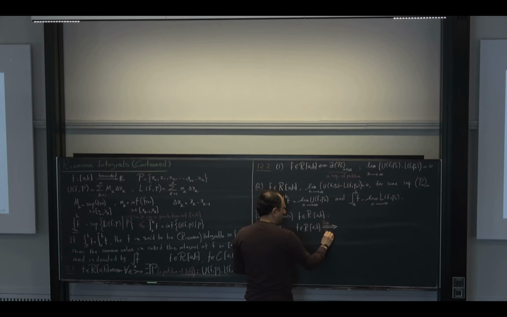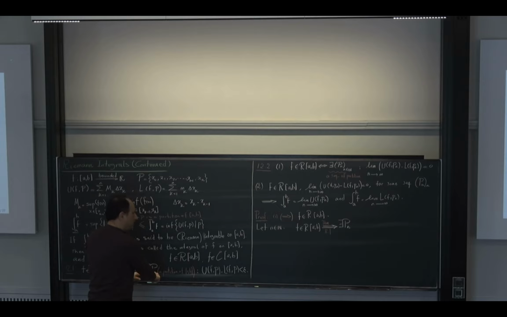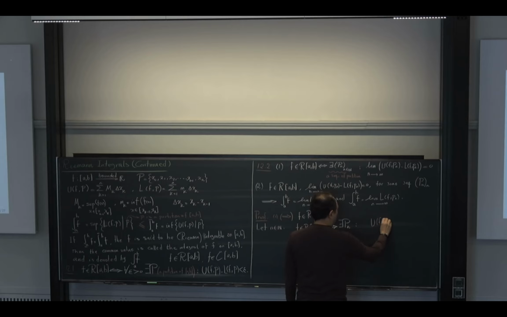What can I conclude? I can conclude that there exists a partition, which I call Pn, because I want to find one single partition for each natural number that you give me. So you give me a natural number, and I know that my function is Riemann integrable. According to this theorem, I can guarantee the existence of a partition for which U(f, Pn) minus L(f, Pn) is less than 1 over n.